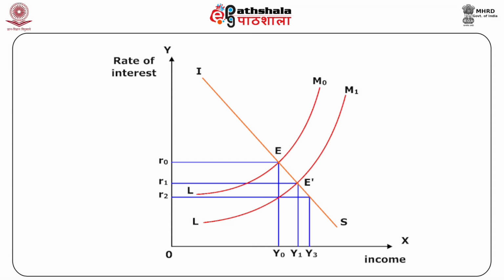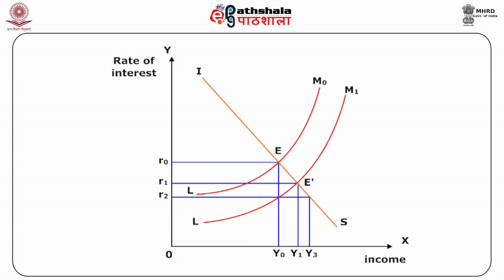Given LM1, the intersection would be IS intersecting with LM1 at point E prime. This is the new equilibrium, and at the new equilibrium, the rate of interest is R1 and the equilibrium level of income is Y1.